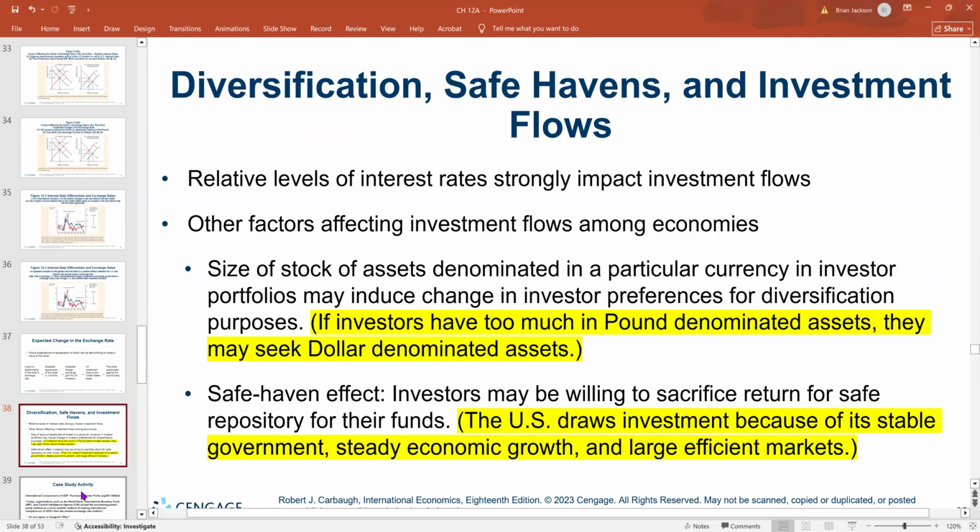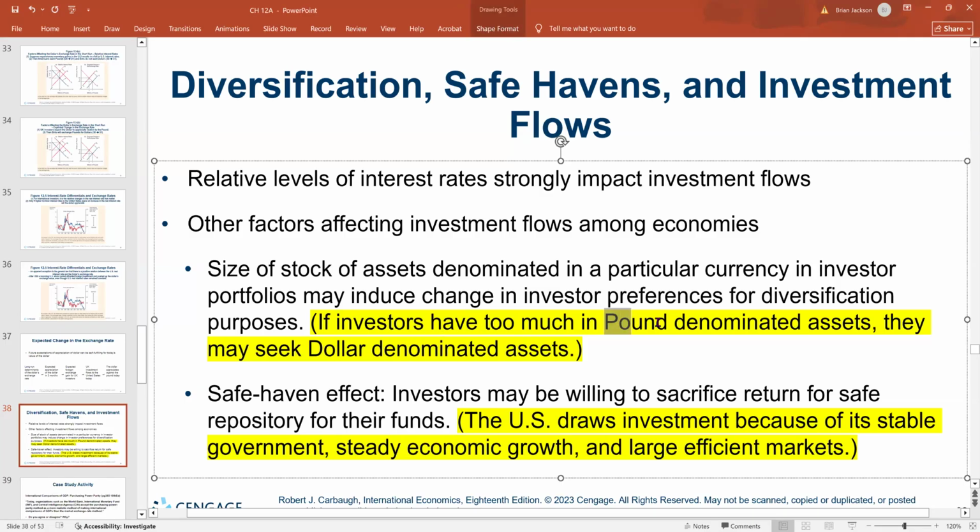In other words, if you're an investor and you have too much of your portfolio denominated in British pounds, then you may be seeking to diversify into another currency, say dollar-denominated assets. If for some period of time everybody's been investing in Great Britain, then it's like putting too many eggs in one basket. There's a need to diversify there because the pound could crash.